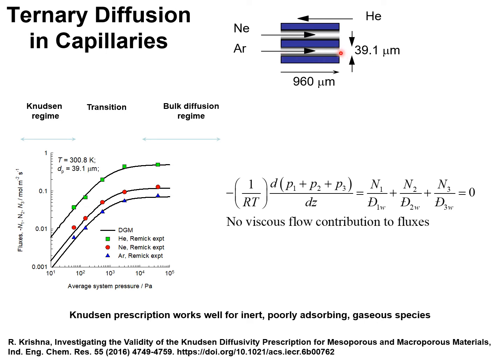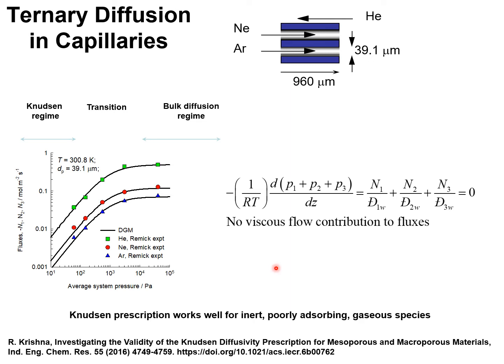The capillary diameter is 39.1 micrometers, and the length of the capillaries are 960 micrometers. The experiments were performed in such a way that the pressure drop across the capillary was maintained to be 0, and therefore there is no viscous contribution to the fluxes.